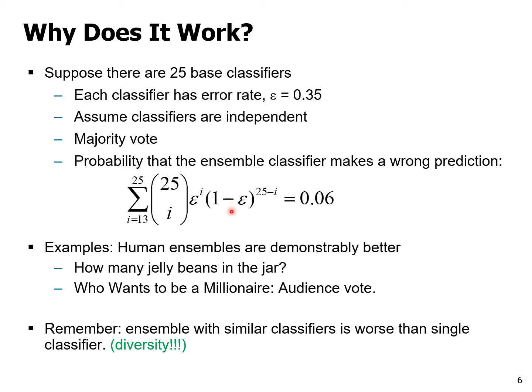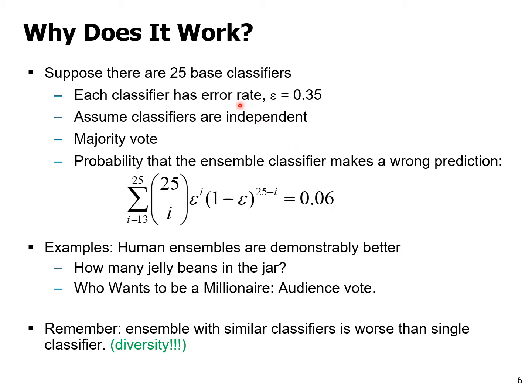And 1 minus e is the correct answer, and the correct answer happens 25 minus i times. And then the number of combinations is given as 25 choose i. So put this all together, the probability is 0.06, so it's 6%.